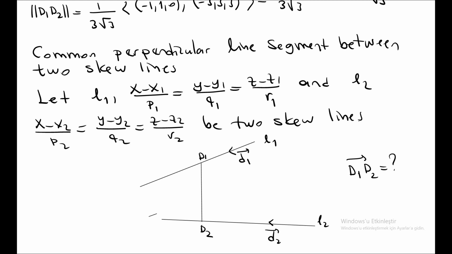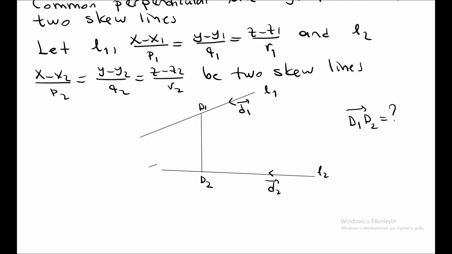So now, how to find this one? Because this is a perpendicular line, this D1, D2 is perpendicular to D1. Also, D1, D2 is perpendicular to D2.